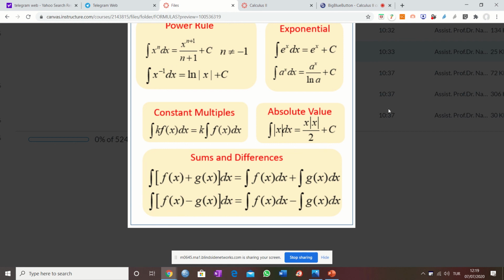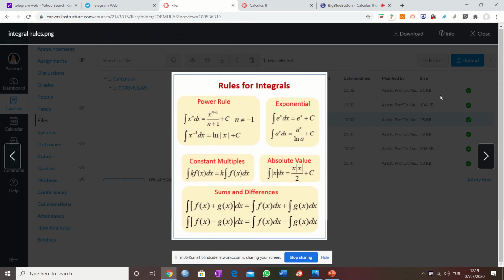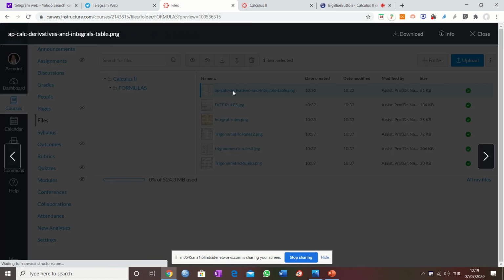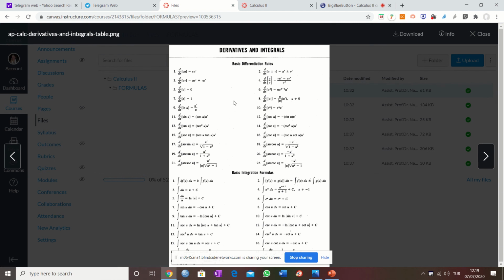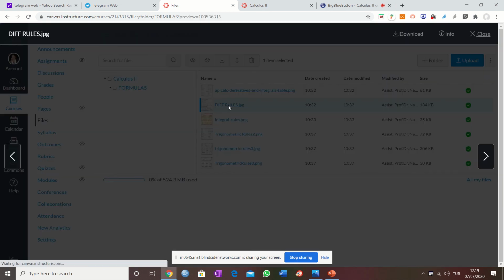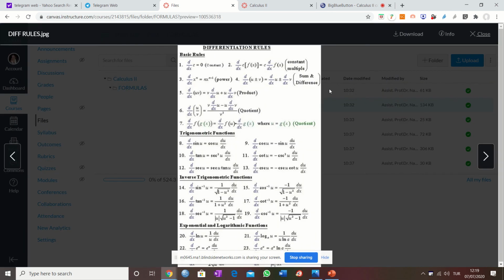Okay, now let us pass to the other formulas. Let us see what else I have here. I put different differential rules. Let us see this one. Yes, we have seen this one. Did we look at this one? Let me look.